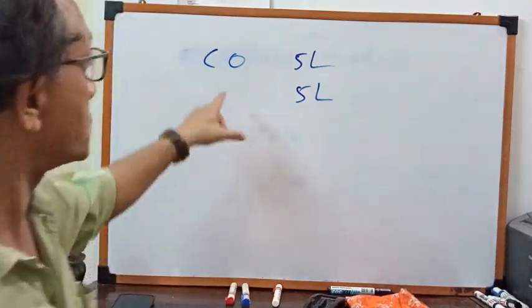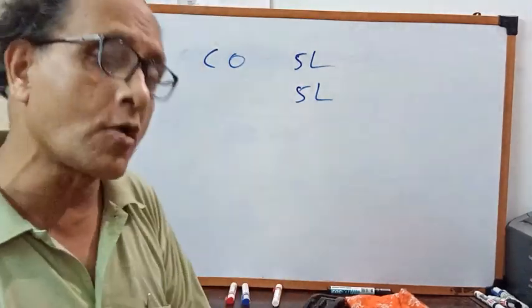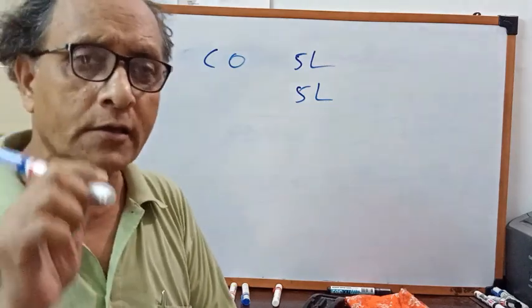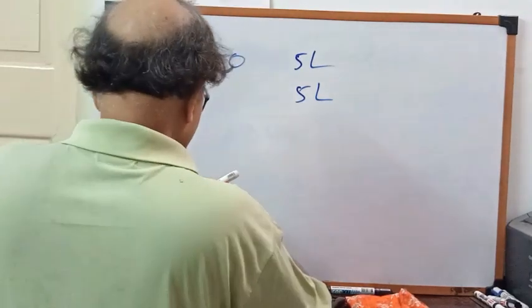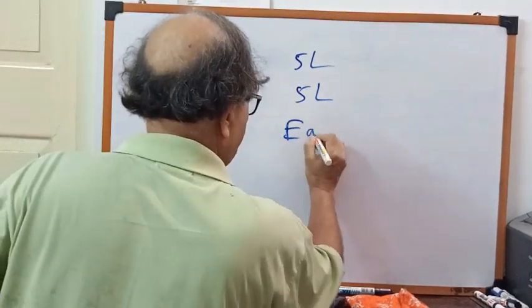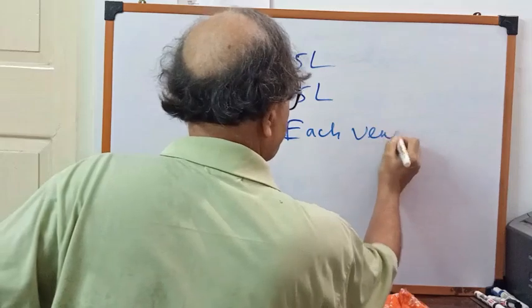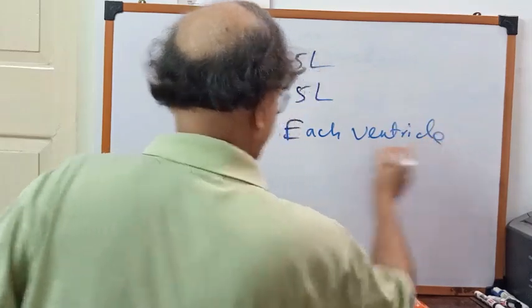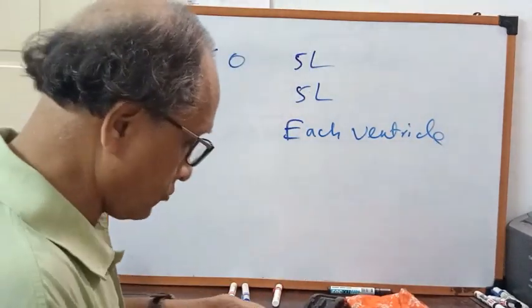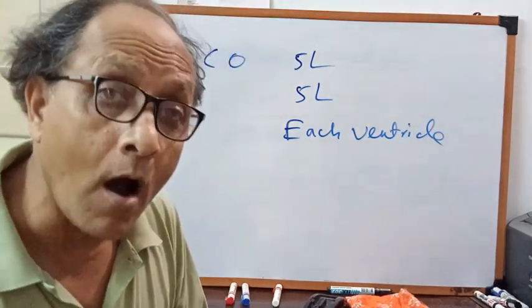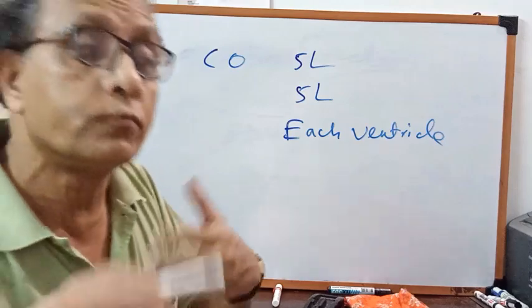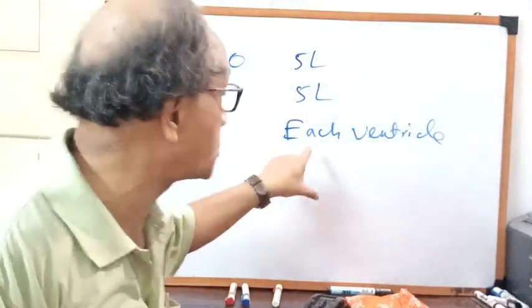So as per definition, cardiac output is the amount of blood ejected out of each ventricle. Please remember, from each ventricle, not only the left ventricle, not from the heart, not from both ventricles, but from each ventricle.